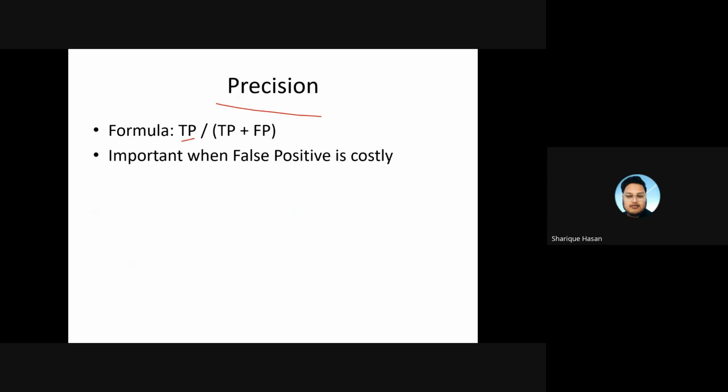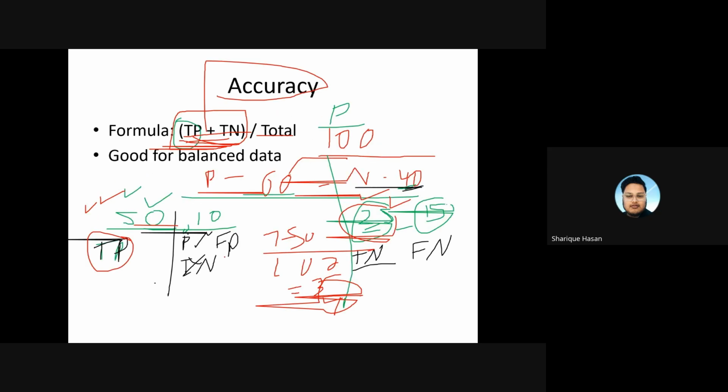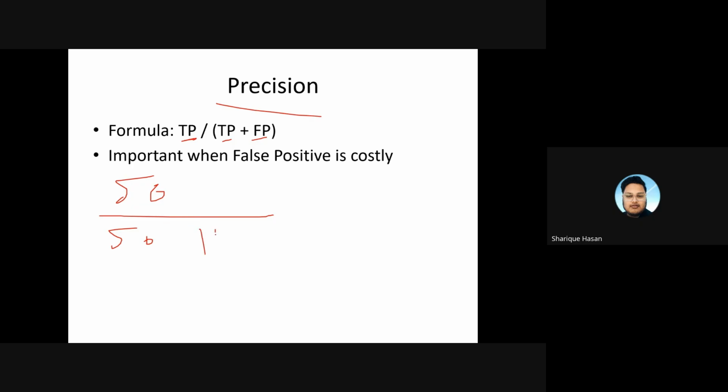Now we have precision. Precision is equal to true positive divided by true positive plus false positive. True positive is 50, divided by true positive 50 and false positive 10, which is 50 by 60, equal to 5 by 6.